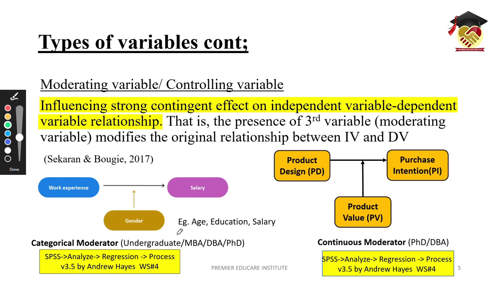Or else sometimes this third variable weakens the relationship between work experience and salary, or otherwise tries to reduce the impact of work experience on salary. So that's called a moderating variable.